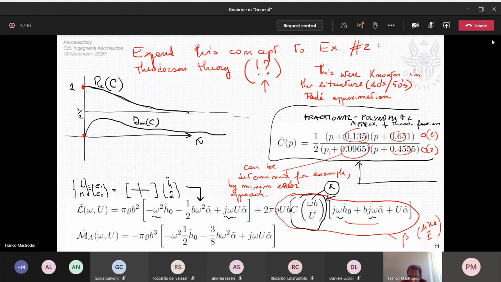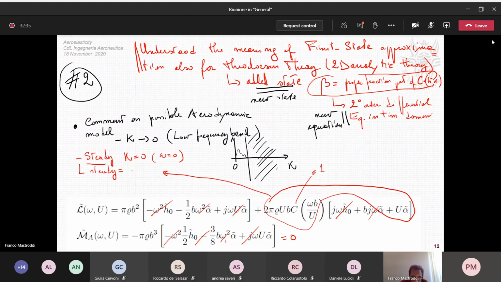Therefore, in this limit case, you have C equal to 1, and therefore you have 2 pi rho U b 1, and again another U and alpha. And this is the standard expression for 1/2 rho U squared 2 pi, which is the theoretical result for CL alpha for the airfoil theory.